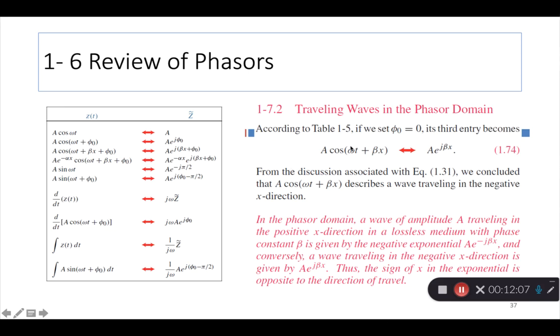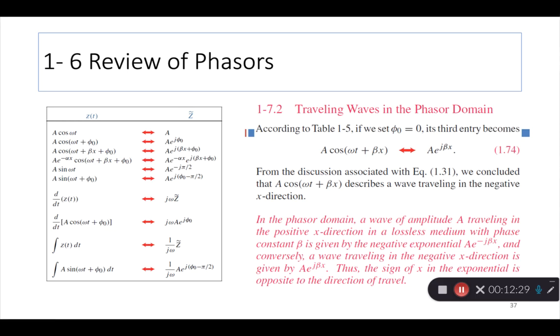One little note he has says that if we set the phase angle phi equal to 0, then this is written in this way. He also makes the point that depending on the sign of the exponent, the wave is either traveling in the negative direction or the positive direction.